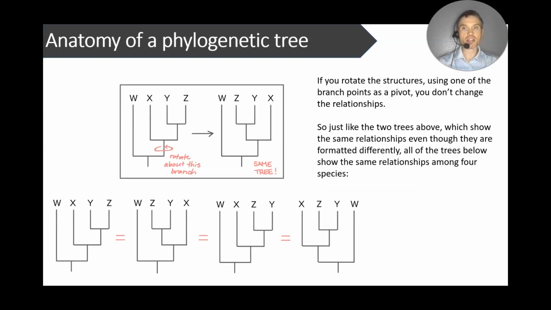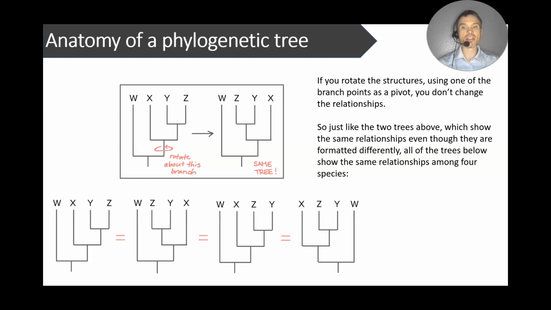The next concept is this idea of rotation around a branch. So this time we're looking at species W, X, Y, and Z. And what you'll notice is that those branch points there are not fixed points. In other words, they can rotate around freely amongst that branch point.